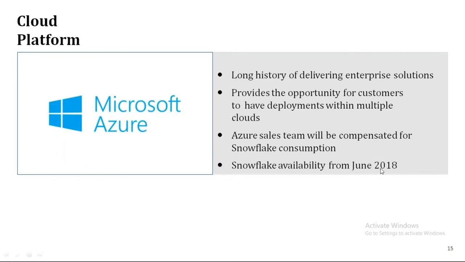That happened in 2018 only. Before that, they had their services only in AWS. From June 2018 onwards, they started using Microsoft Azure as one of the cloud providers. Later on they tied up with Google Cloud (GCP) as well. So that's where Snowflake became popular.